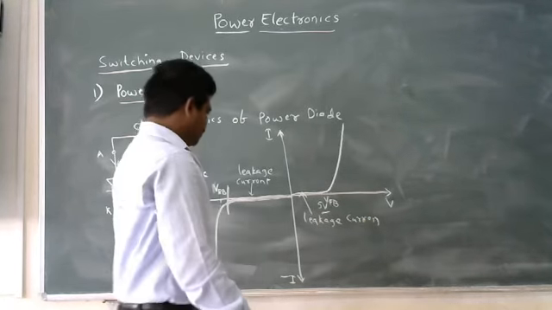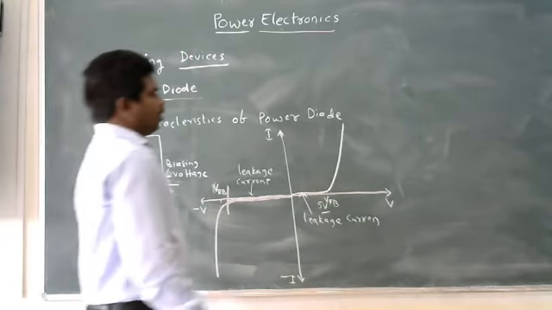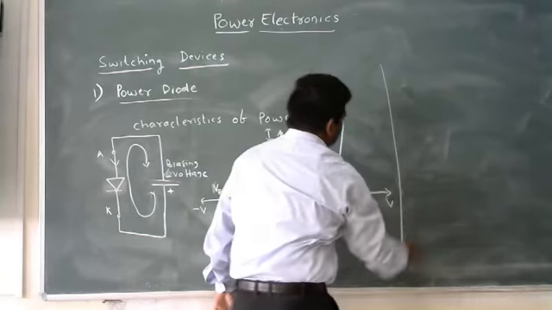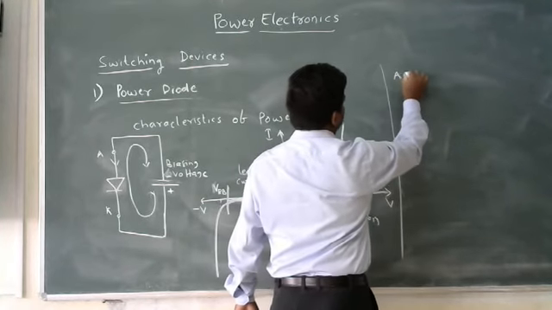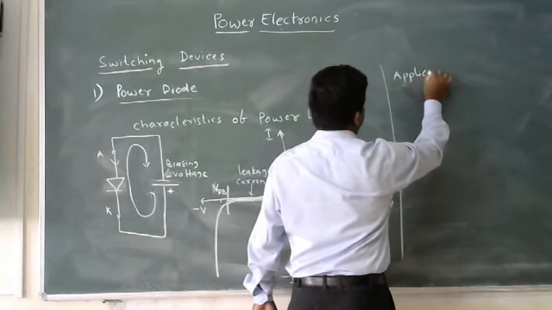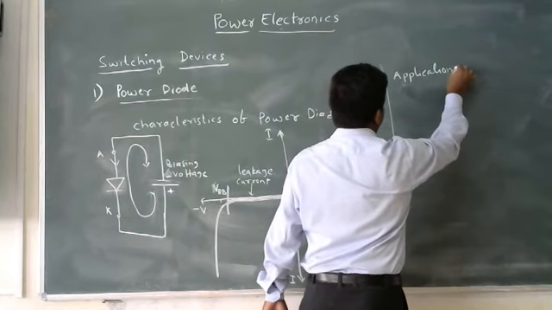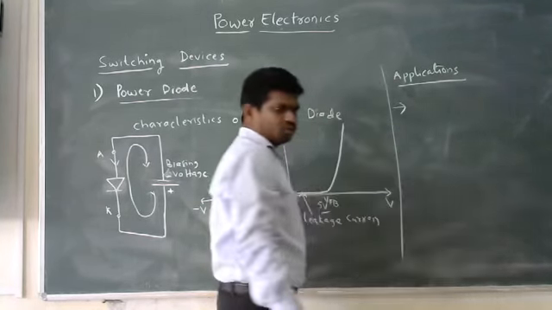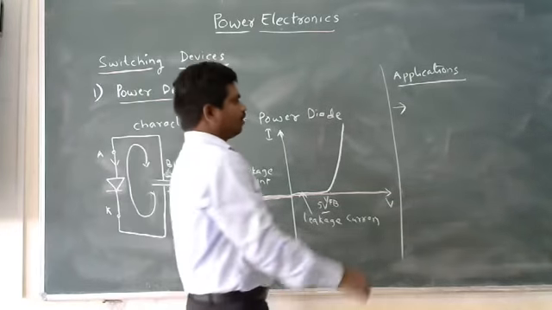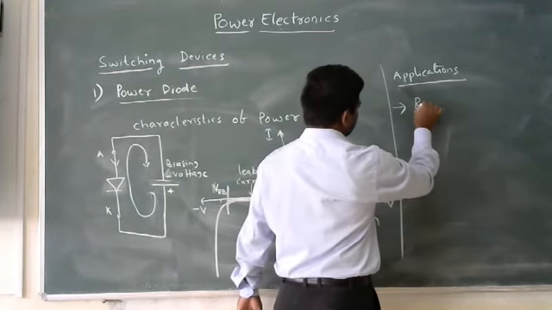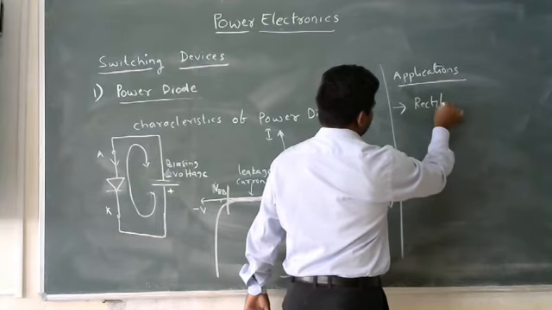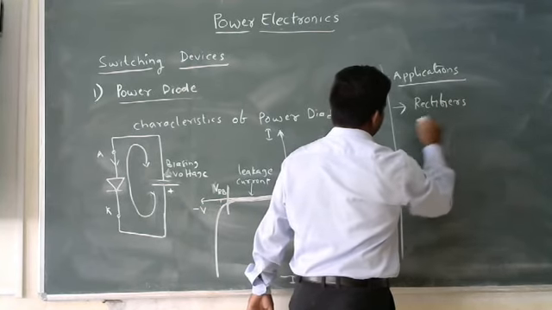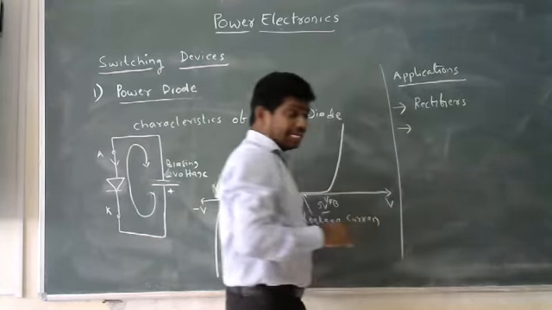Okay, let us see finally the applications of the power diode. Mainly these are used for low power applications like rectifiers, and for freewheeling action.